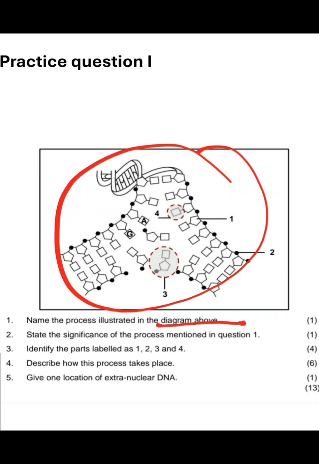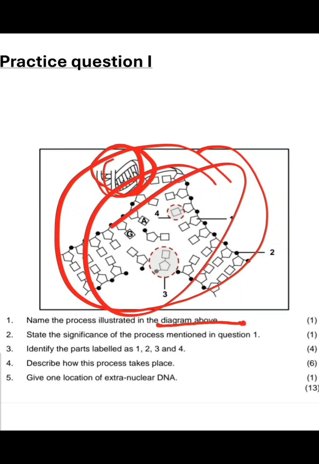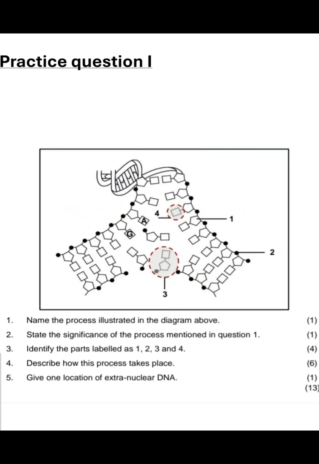Now you all might be wondering, how do you know that this process here is DNA replication? Here you can see that the DNA is twisted together, but then here it basically unwinds, which means that when the DNA double helix unwinds, DNA replication is taking place.